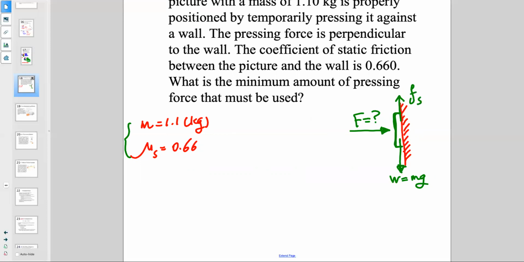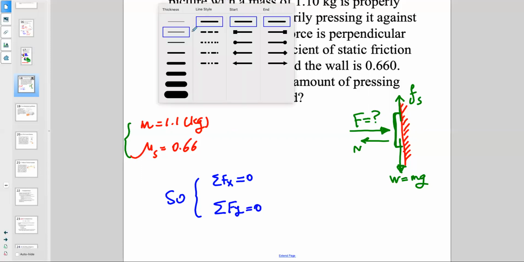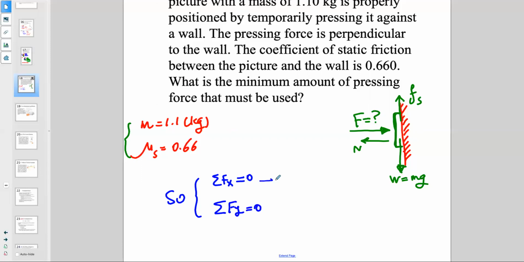The other force that we have is the normal force, F of N. If it's at equilibrium, sigma F of X should be 0, and sigma F of Y should be 0, which means along the X direction, F and the normal force should be equal.